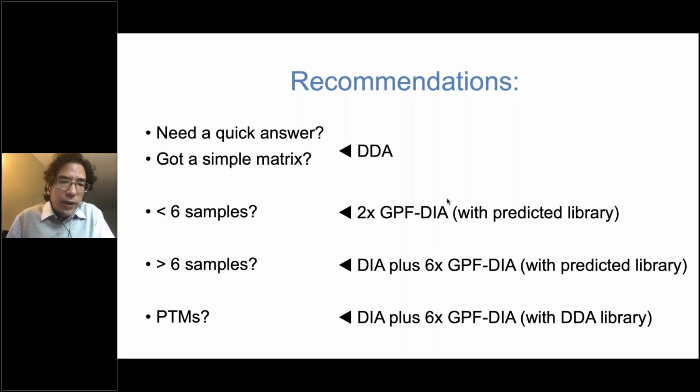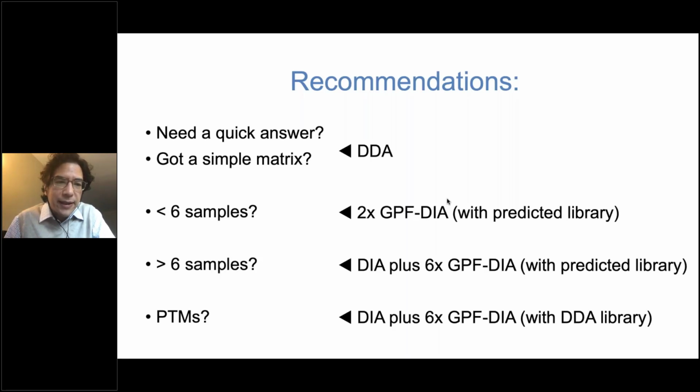That said, if you're trying to do a larger quantitative experiment, we find that DIA tends to produce better quantitative data in the long term across lots of different samples. If you're looking at fewer than 6 samples, we recommend the strategy that I believe Sue may talk about in a bit, where you use multiple gas phase fractions for individual samples.